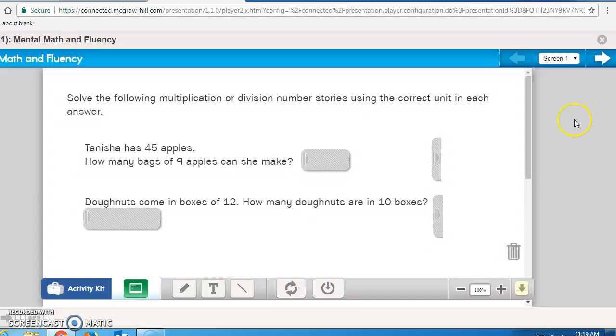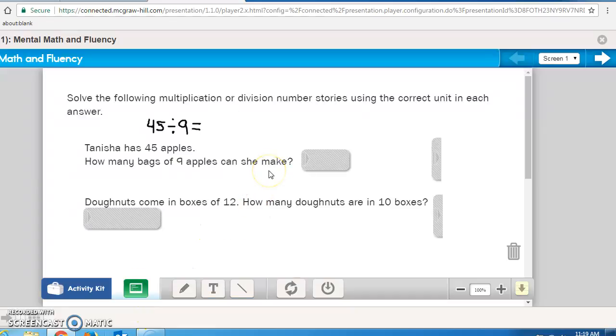Solve the following multiplication or division number stories using the correct unit in each answer. Tanisha has 45 apples. How many bags of 9 apples can she make? Well, hopefully you're realizing that if she has 45 total and they want her to put 9 apples in each bag, you're going to be taking 45 divided by 9, which should give you 5.